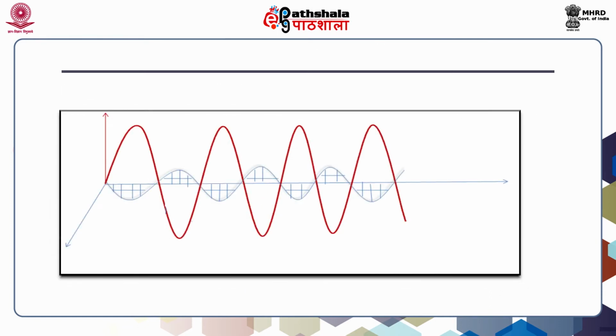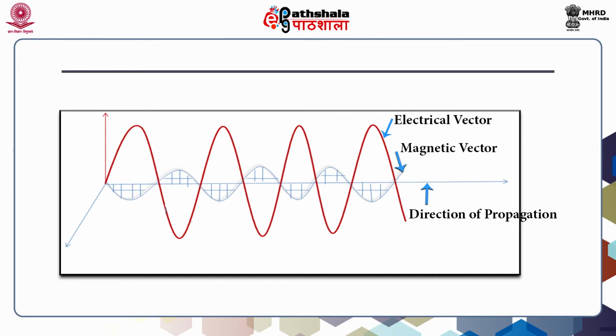With the help of this diagram, we can say that direction of propagation of wave is on x-axis, electric vector is on y-axis, magnetic vector is on z-axis, and all are perpendicular to each other.